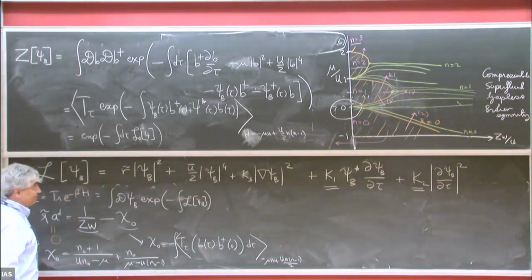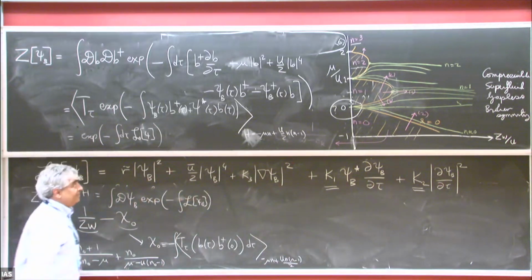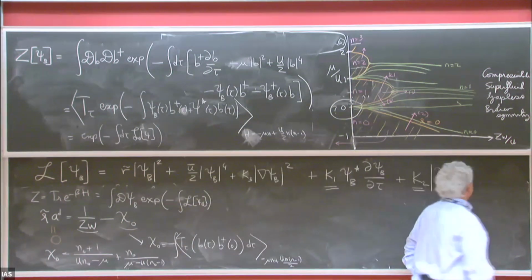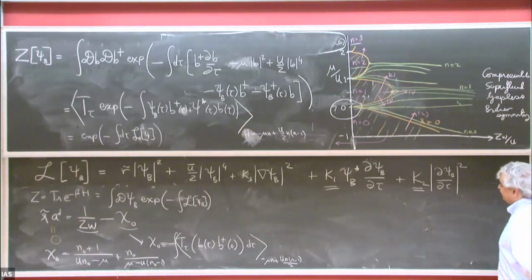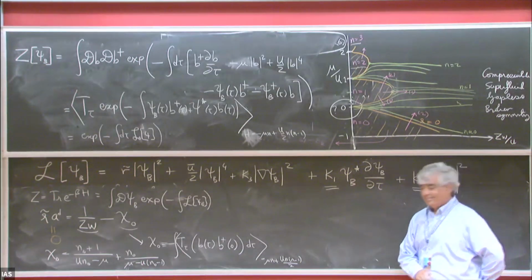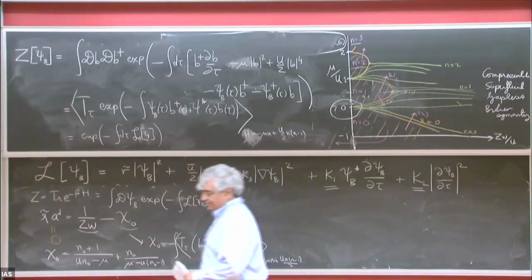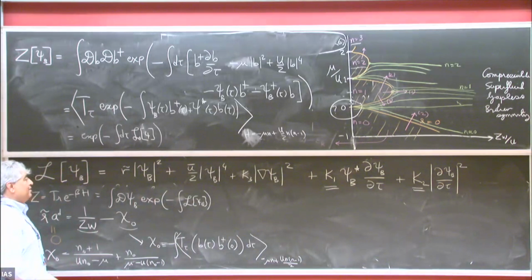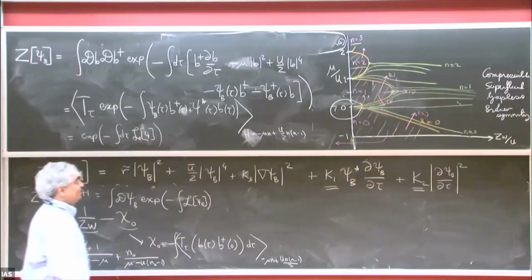So the phase transition of type 1 at the Mott lobe, which we identified as the fixed density transition, is also the point where K1 equals 0. There's something very special about the point K1 equals 0. So we really need to know what K1 is and see how it changes sign when it goes to 0.